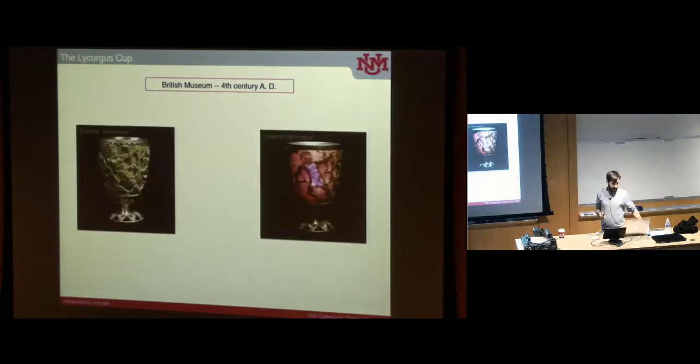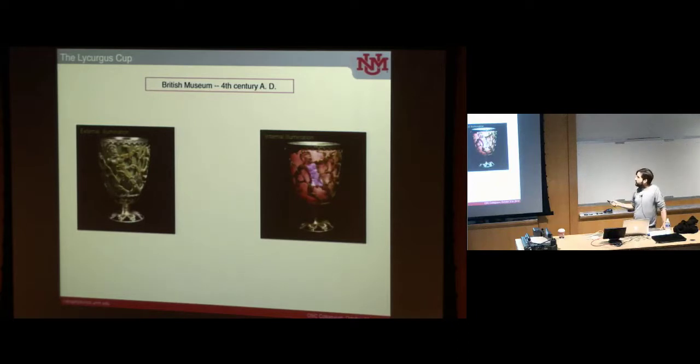Plasmons are not new. Actually, they were used by the Romans, and this is a very beautiful example of that. This is a cup that is called the Lycurgus cup, which is very common to be shown in this type of talks about plasmonics, because it has this beautiful property that depending on how you set the illumination, this is from illuminating the cup from outside, this is the same cup but illuminating with light in the interior, you see there is a beautiful change of color of the glass.